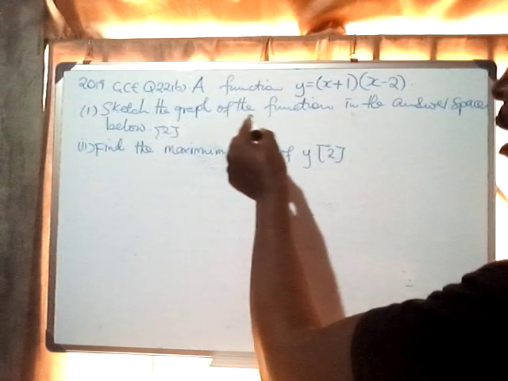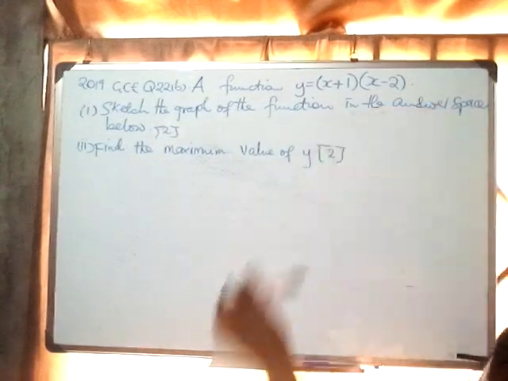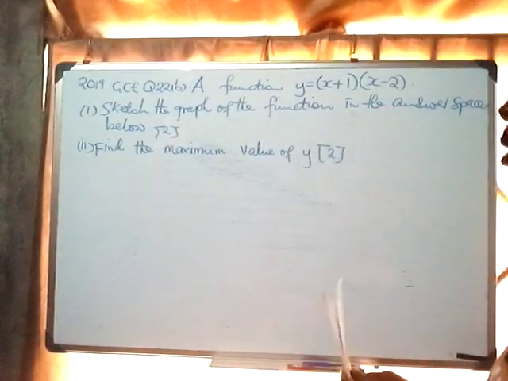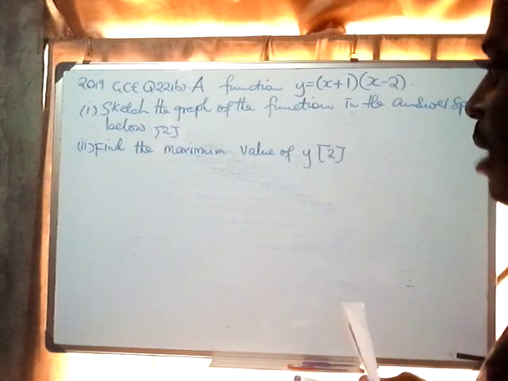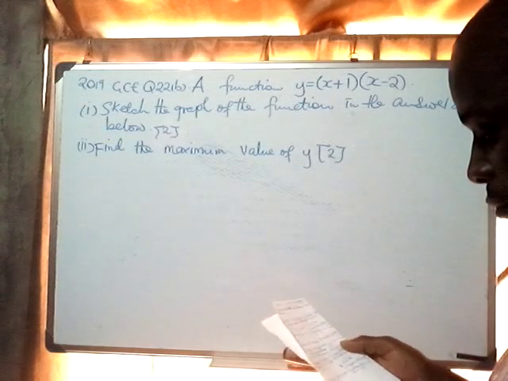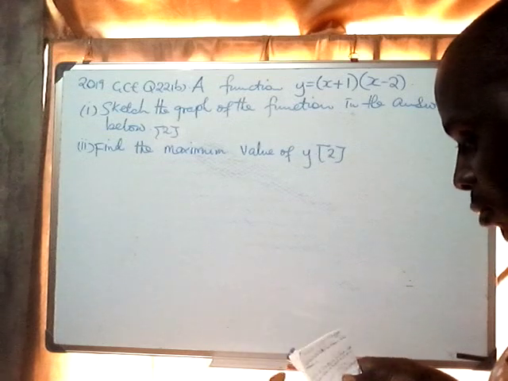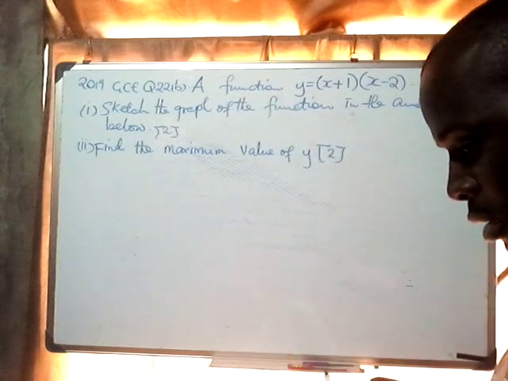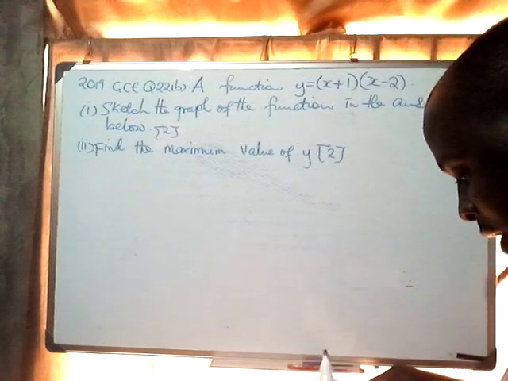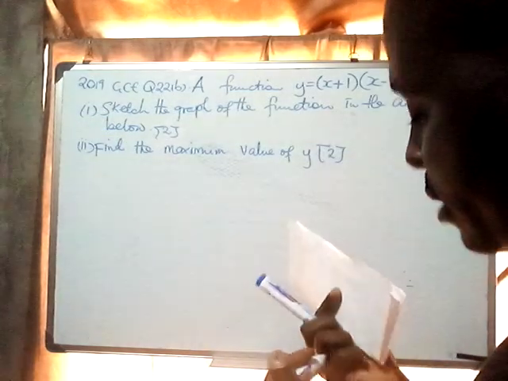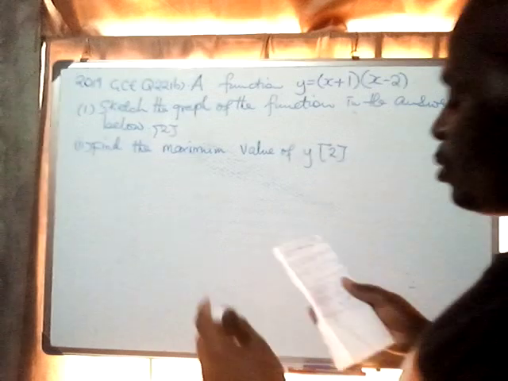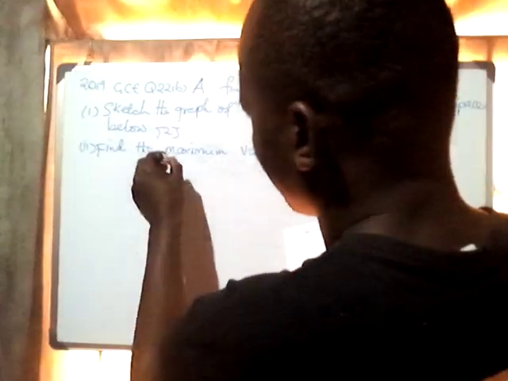Number 1, sketch the graph of the function in the answer space below. Number 2, find the maximum value of y. Those are the 2 questions we have. How are we going to answer these questions? Let's have the solution.